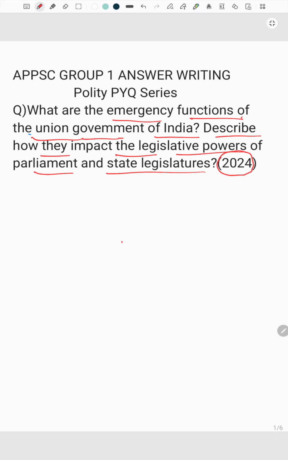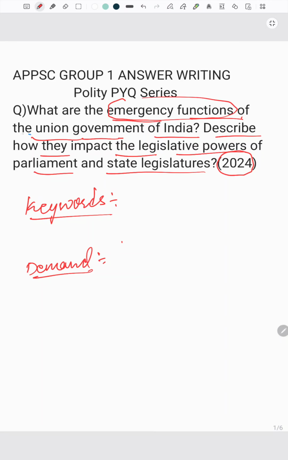As I told you, whenever you look into a question, first you need to understand what the keywords are, and next what the demand of the question will be. Here, the keywords of the question, what are the emergency functions of the Union Government: emergency functions will be one keyword.